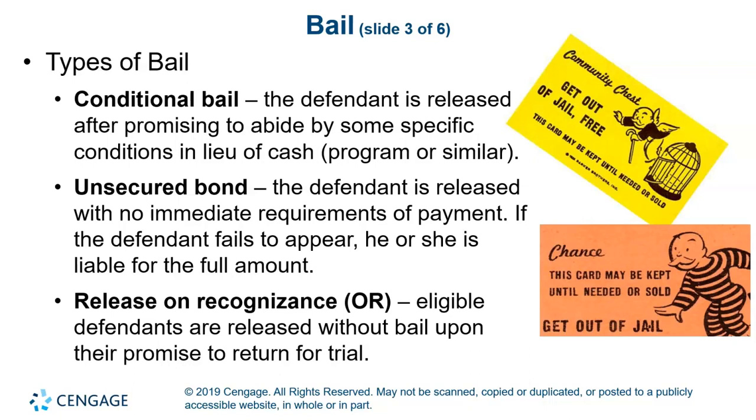If the defendant fails to appear, he or she is liable for the full amount. And then finally, we have what we call OR, or released on own recognizance for short. And this is, not everybody, but eligible defendants are released without bail, just on their promise to return to court or to trial. So those are different types of bail.